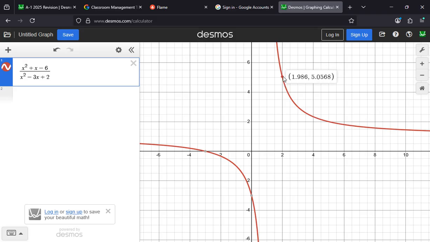I have to go left to go smaller, and it's throwing my brain off. Sure looks like as I'm getting close to 2, I'm getting close to 5. When I pass 2, I'm lower than 5. When I'm before 2, I'm higher than 5. So that dot is at (2, 5). And it also looks like we have a horizontal asymptote of 1.